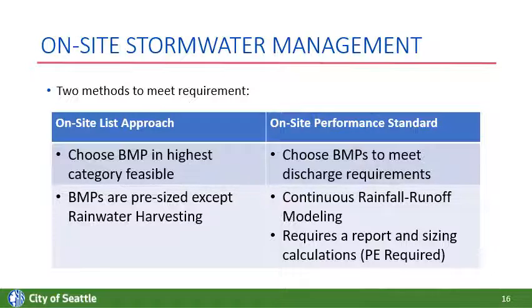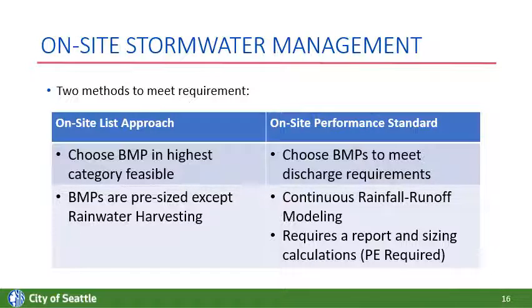The on-site list approach is a way to meet the on-site stormwater management requirement by selecting the BMP in the highest category, and the BMPs are by and large pre-sized so that there are no calculations that need to be done. Really, you're just identifying the amount of area and selecting the highest BMP that's feasible, and the calculator is going to provide you with a specific size that needs to be shown for that BMP on the plan.